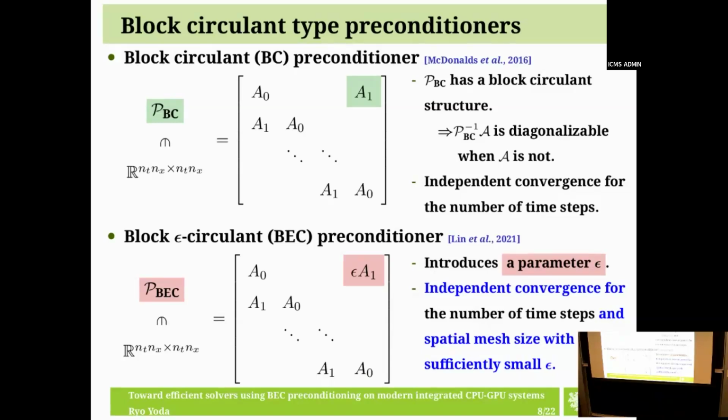And also introducing the weighting parameter epsilon for these blocks gives the block-epsilon circulant preconditioner. This method can achieve independent convergence for the number of time steps and the spatial mesh size with sufficiently small epsilon.